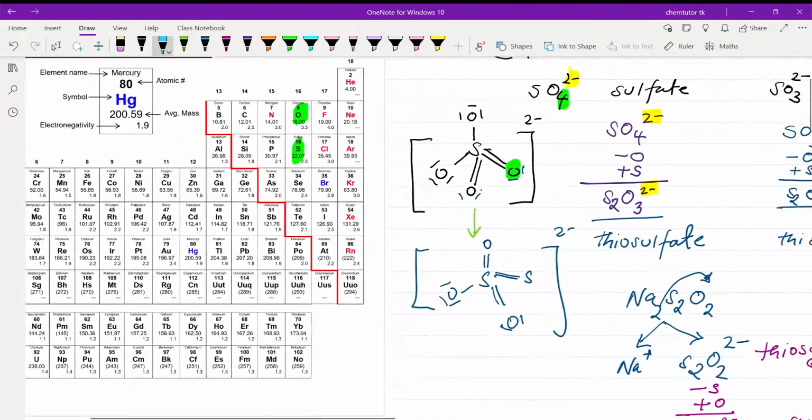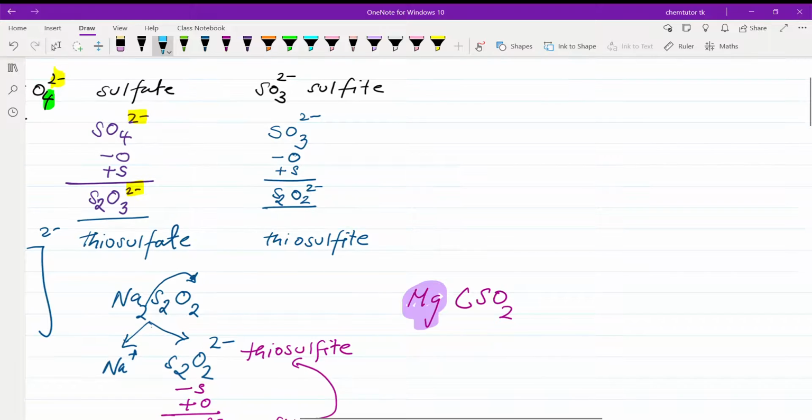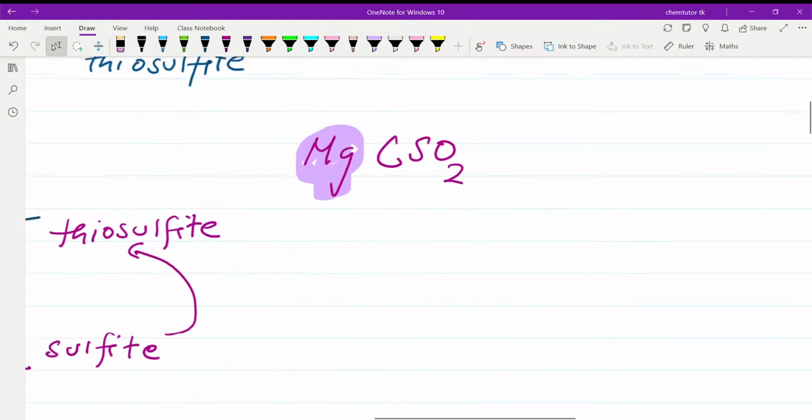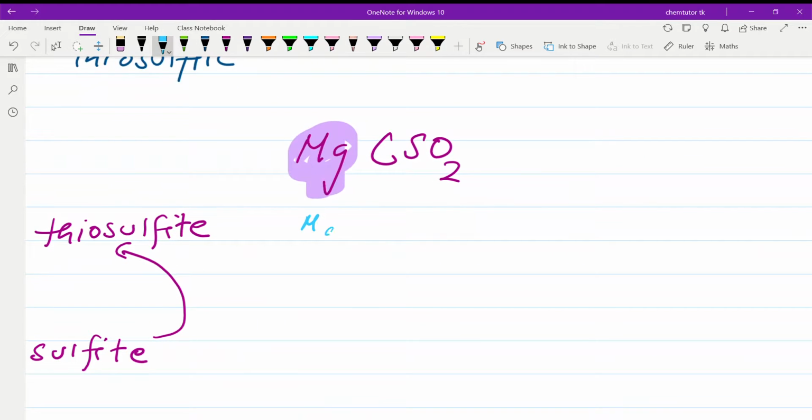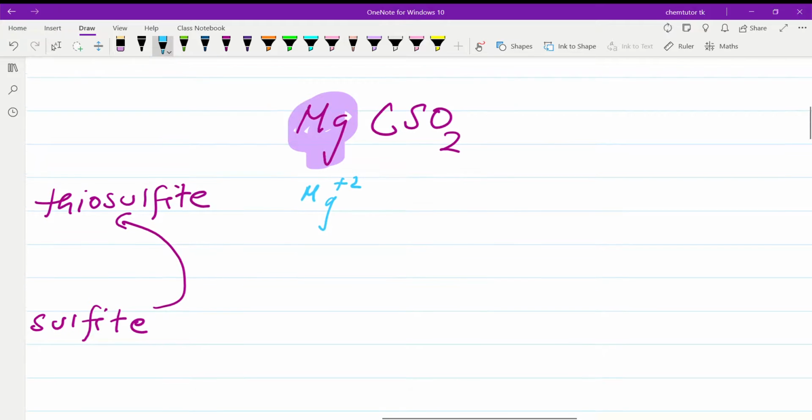It will lose 2 electrons and get the charge of 2 plus. If I do the reverse crisscross, magnesium becomes magnesium 2 plus. There are no other charges here, so the 2 goes there. It becomes CSO2 2 minus.